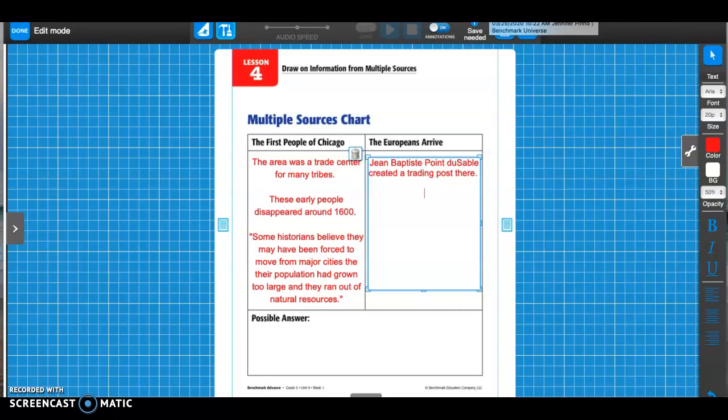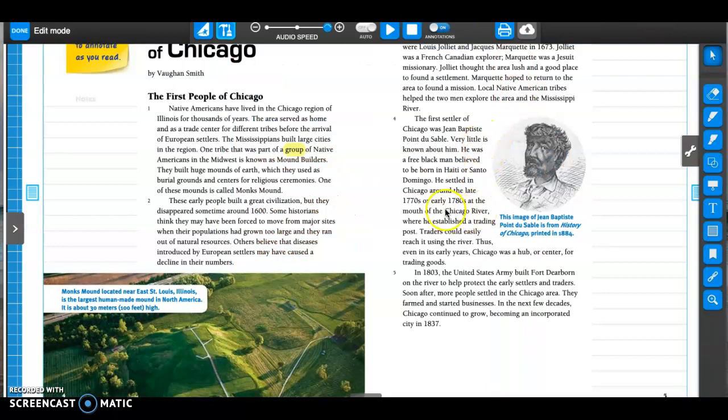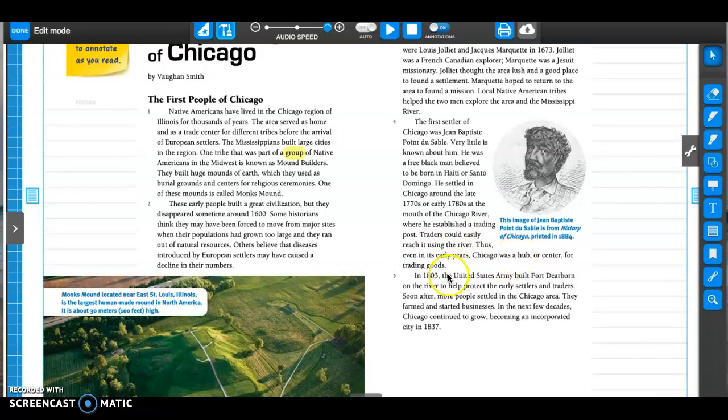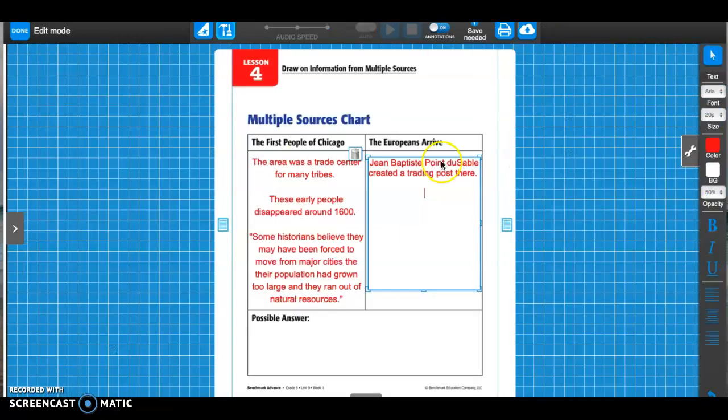And reading further, traders could easily reach it using the river. And thus, even in its early years, Chicago was a hub or center for trading goods. Those are all important parts and explanations as to why Chicago was a good place for population growth and where people were moving. So I'm going to include that as a direct quote, drawing on information from multiple sources to support why that is important.